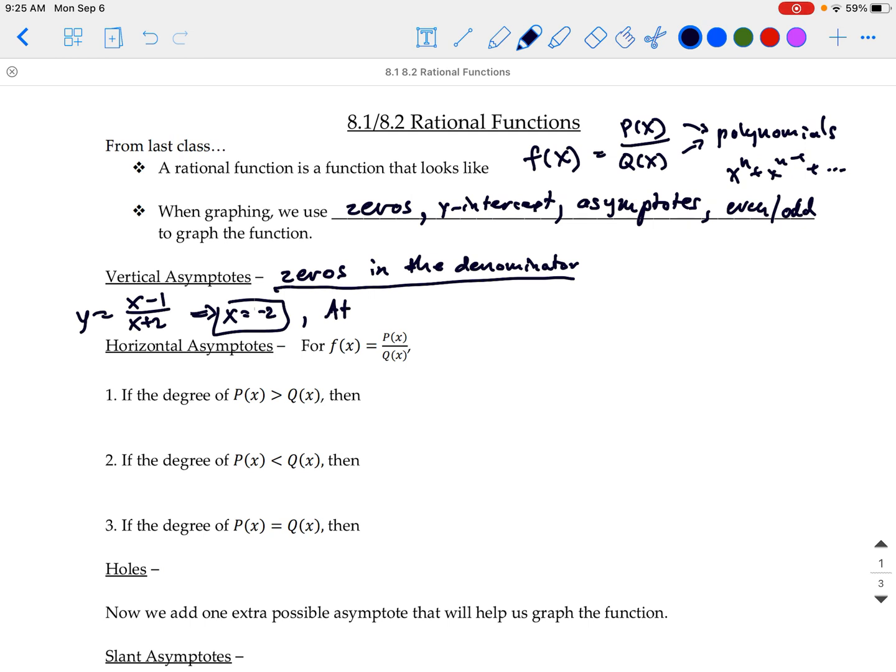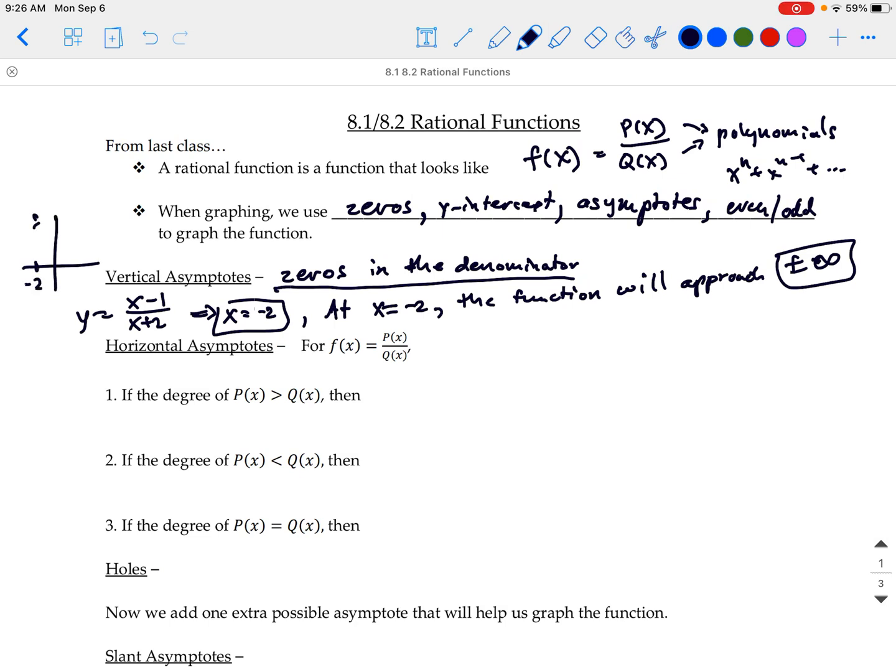And at x equals negative 2, what that's going to look like is the function will approach plus or minus infinity. So it's going to look vertical. So at negative 2, our graph is going to be going extremely upward or extremely downward.